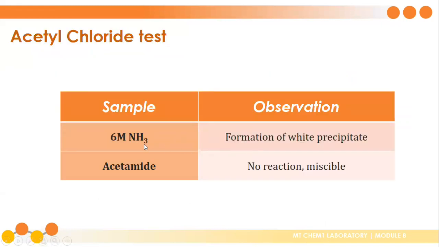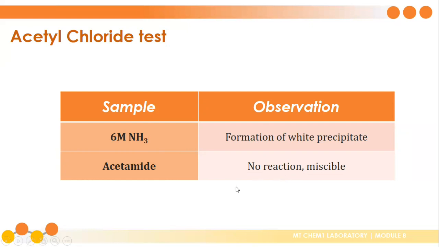Going back to our example, you were asked to do this acetyl chloride test on dimethylamine, but since we don't have it available, you were not able to observe the result. For the ammonia, the formation of white precipitate is quite unnoticeable as the white precipitate is very small in our solution.